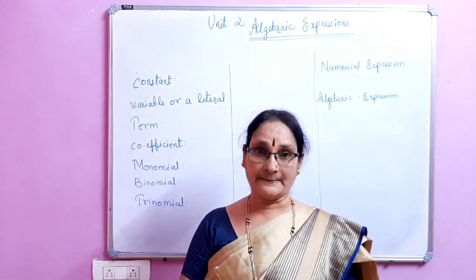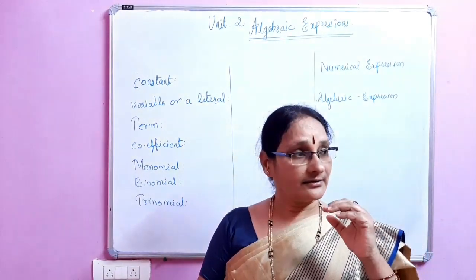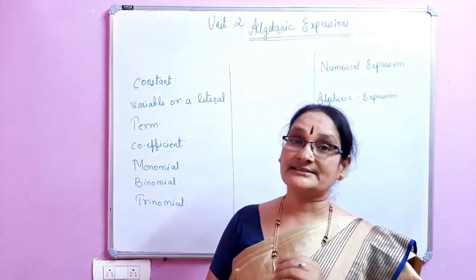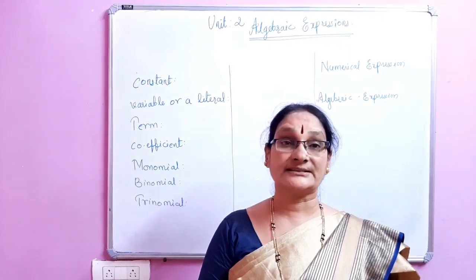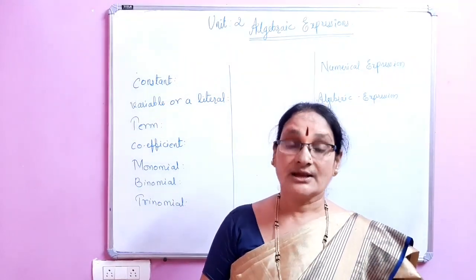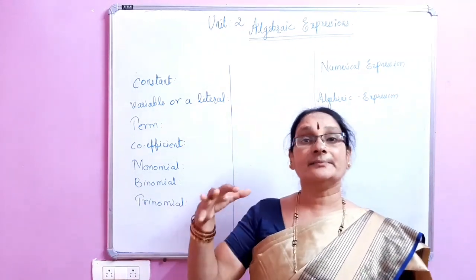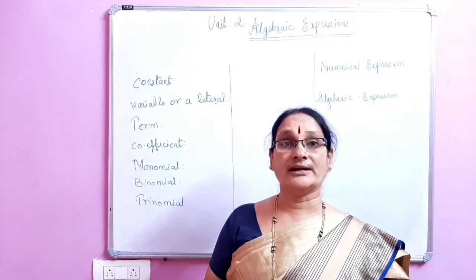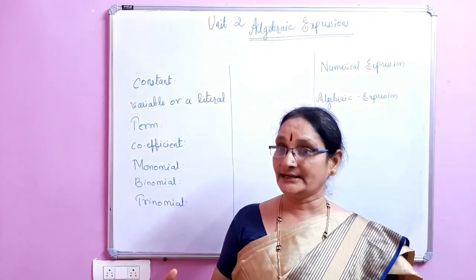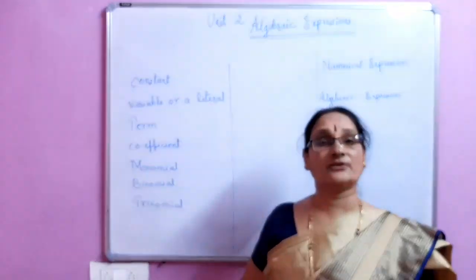What is algebra? Algebra deals with variables and constants. The main thing in algebra is variables. What are these variables? What are these constants? Along with these, some terms also come in algebra. Very important: just as there are alphabets in English, these are the alphabets of algebra.